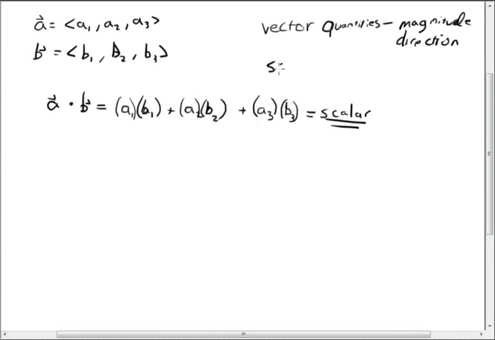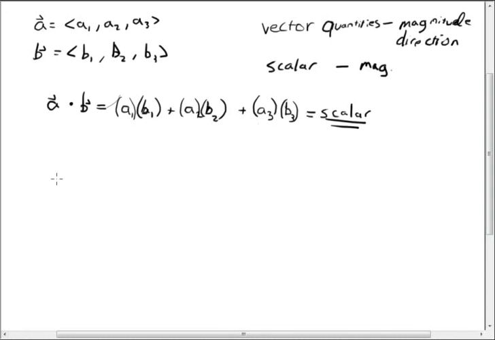Where scalars only have magnitude but no direction. So a general number like 1, 2, or 3 is scalar. But of course, vector quantities are represented using, you guessed it, vectors.